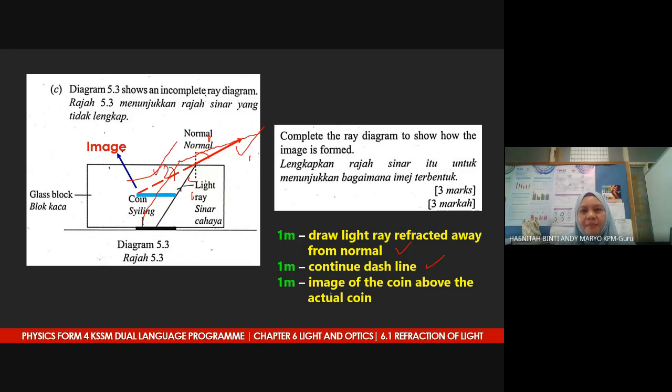And then the third mark, when you draw the image of the coin exactly above the actual coin. Then you can label it image of coin. So you get the first mark, the second mark, the third mark. Complete all 3 marks for drawing.